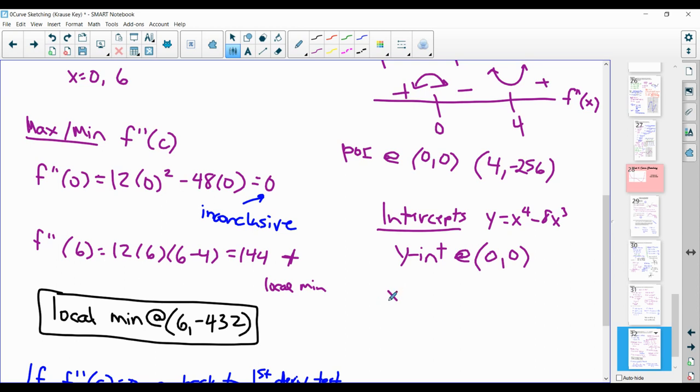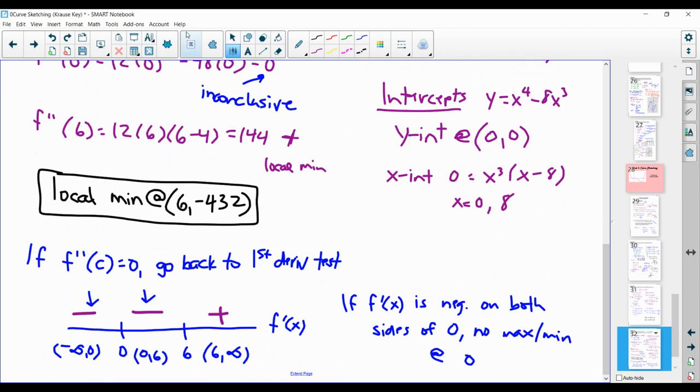For our x-intercept, we could factor. That gives us x cubed times x minus 8. So we have x-intercepts at 0 and 8. Using all of that information, let's take a look at what this graph would look like.